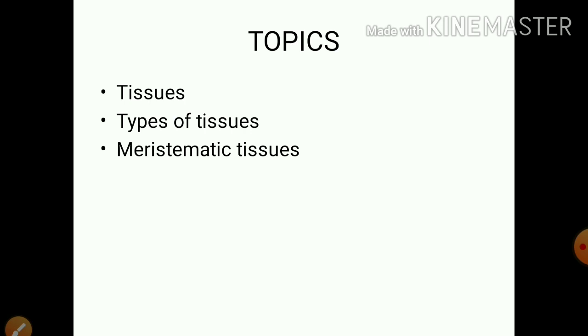So studying the anatomy or the internal structure of these flowering plants is an aspect of knowing them better. So coming to topics of this video, we will cover tissues, various types of tissues in flowering plants, and we will deal with meristematic tissues in detail.